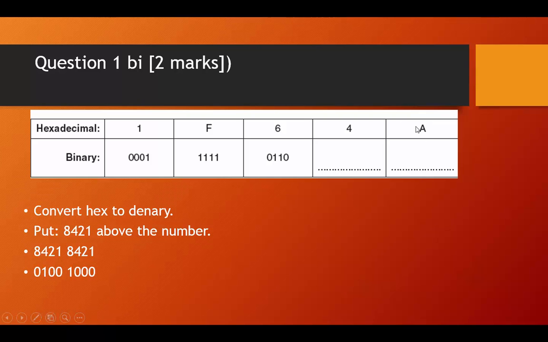The letter A is 10, so I have to make 10 using 8421. I made a mistake, so it should be 1010. So it should be a 1 under the 8's column, a 0 under the 4's column, a 1 under the 2's column, and then a 0 here. So we know that hex is 0 to 9, and then the letter A is representing 10 and F is representing 15.